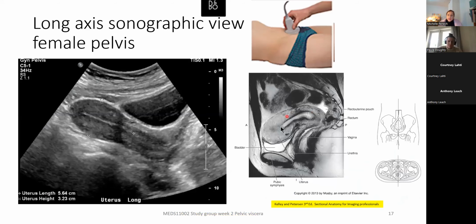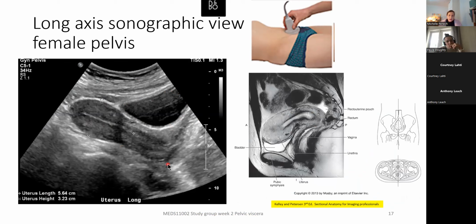So now we have to transfer this sort of an image to an ultrasound image. We can fan this uterus down, straight, or fan it up, depending on where we've got it sitting relative to the pubic symphysis. In this case, we're probably holding the probe and sending the sound up this direction. We have the urinary bladder, which isn't very full in this case.